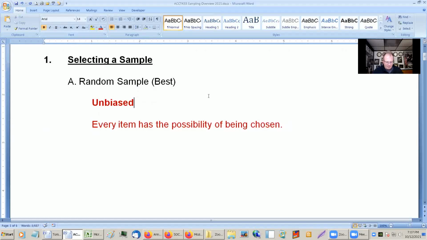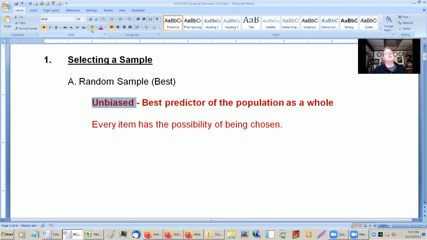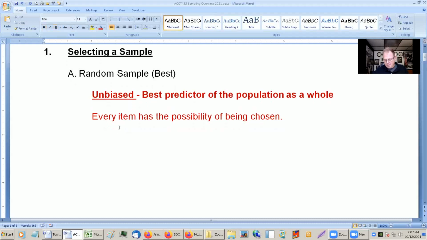And because it's unbiased, it is the best predictor of the population as a whole. So that's what we do. We like the unbiased ones, and there are tables and stuff that you can use to get unbiased samples. You can also do it on the computer.